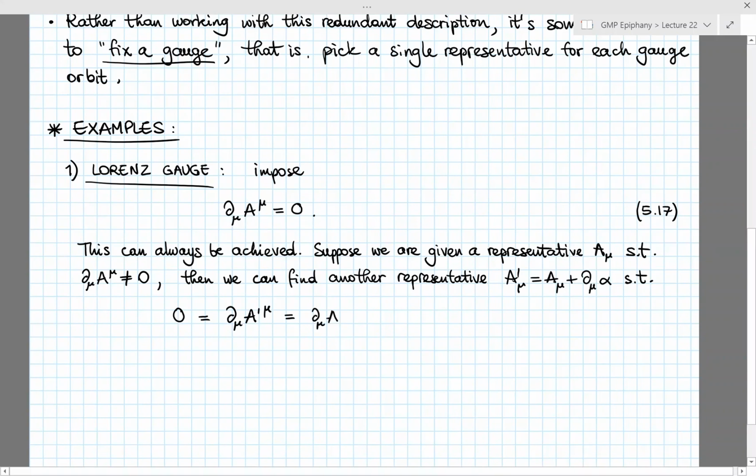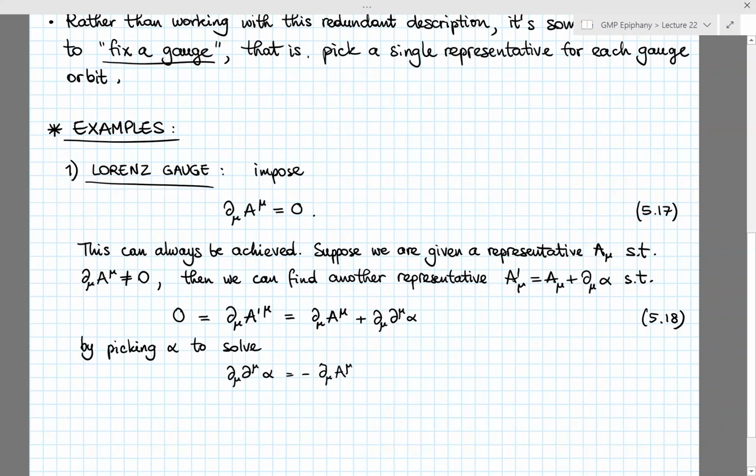So I get the divergence of A mu plus box alpha. And we can always arrange this to be 0 by picking alpha to solve the equation box alpha equals minus d mu A mu.